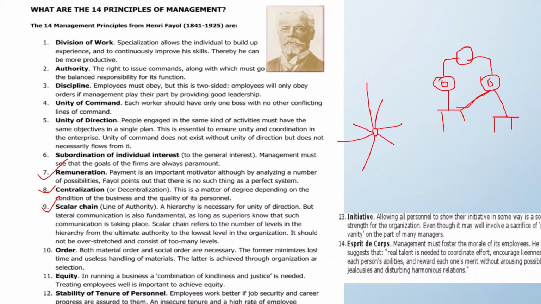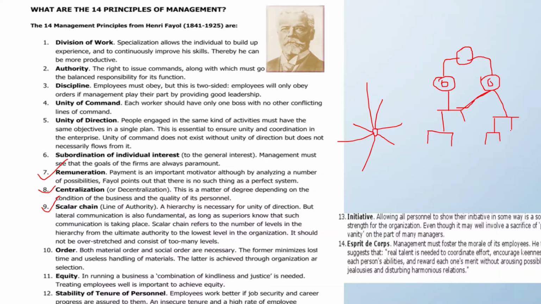Someone has to be there who is the top management, right? So when we draw the organization chart of this kind, that is called the scalar chain. If we see, this will look like a chain.